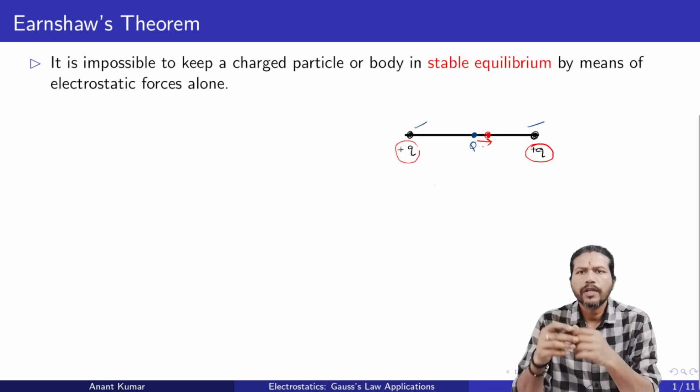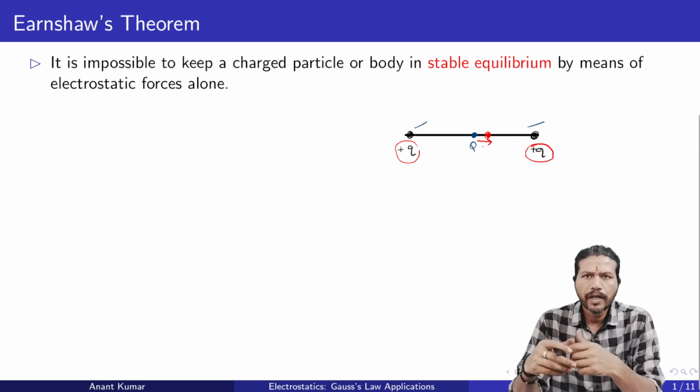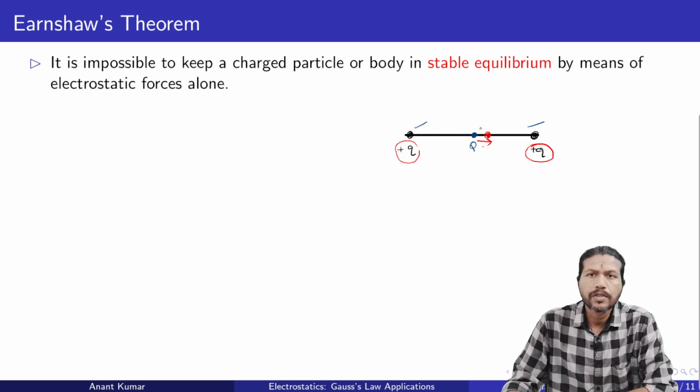This means that the net force acting on the middle charge is towards the left, which is actually trying to bring it back to its original configuration. So it seems stable.